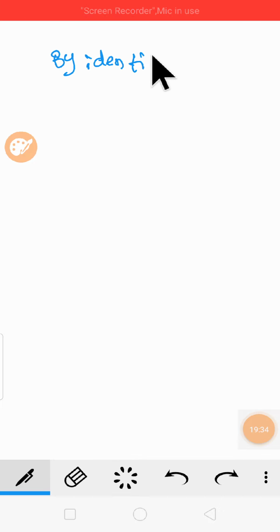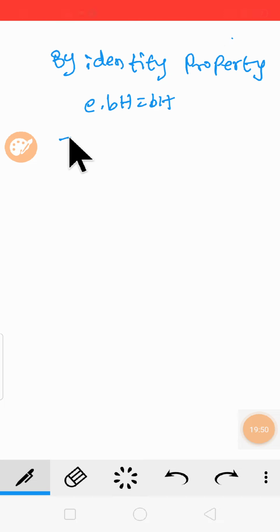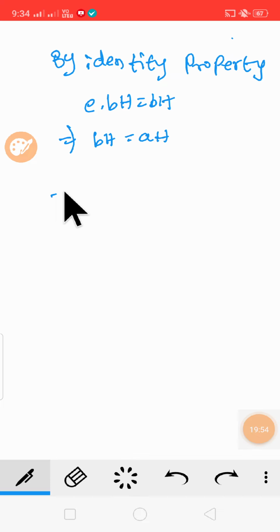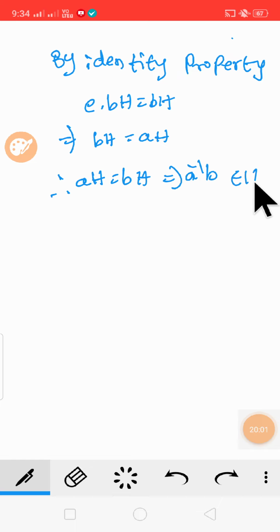Next, by the identity property, we write a bH equals bH. Therefore, bH equals aH, so aH equals bH implies a inverse b belongs to H.